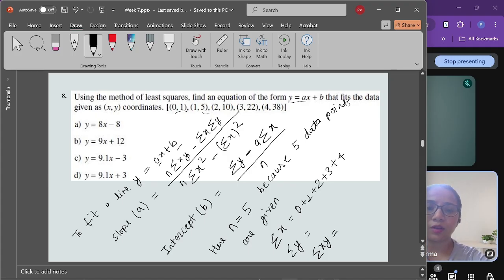All the x coordinates, that's 0, 1, 2, 3 and 4. What is the overall summation? It is 10. Similarly for y also, 1 plus 5 plus 10 plus 22 plus 38. If you add these values, you will get 76.